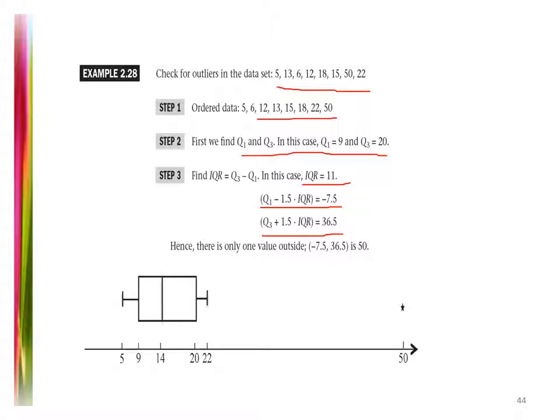In this case, one of the data points, 50, is outside of this interval, so there is an outlier point. This is the maximum value, this is the minimum value, and this is Q1, Q2, Q3. After ignoring the outlier point, this is the maximum point. Is that right? Yes.